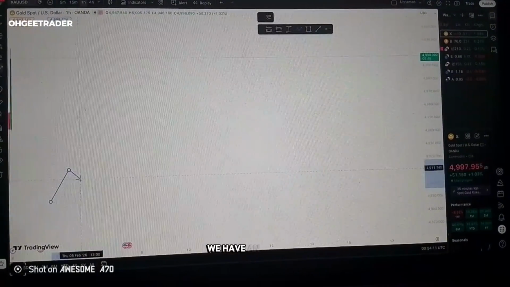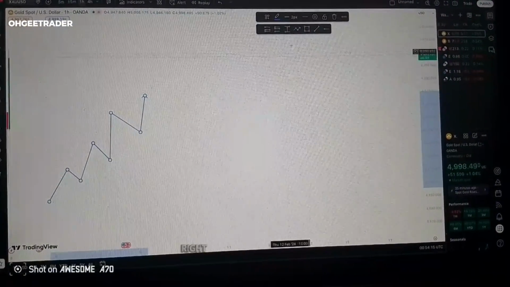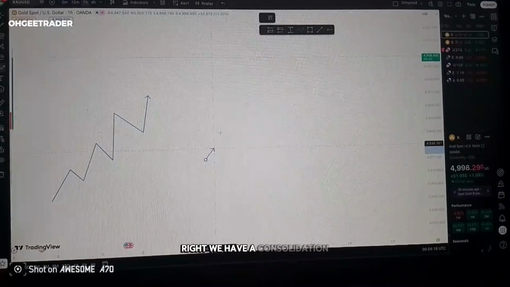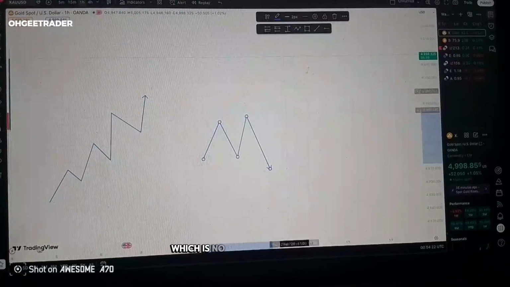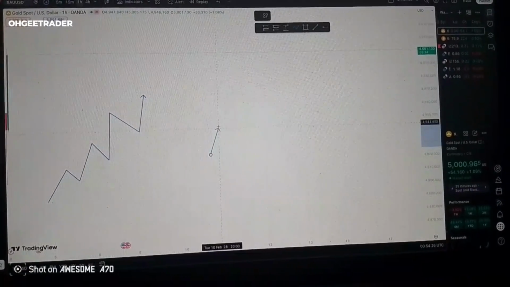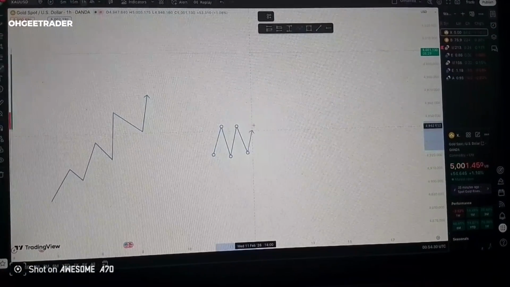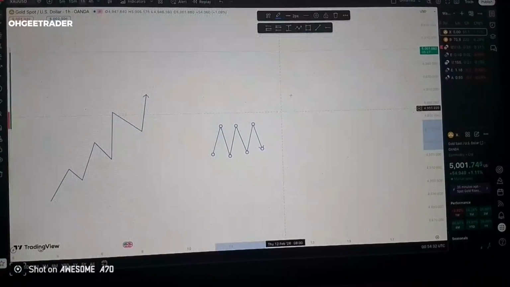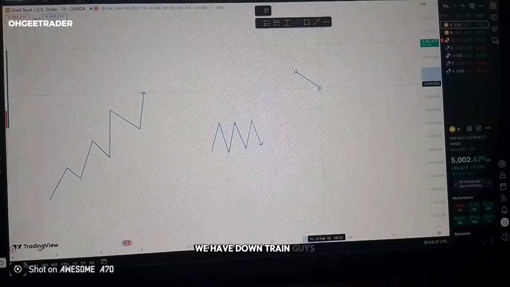We have an uptrend, a consolidation, and a downtrend.